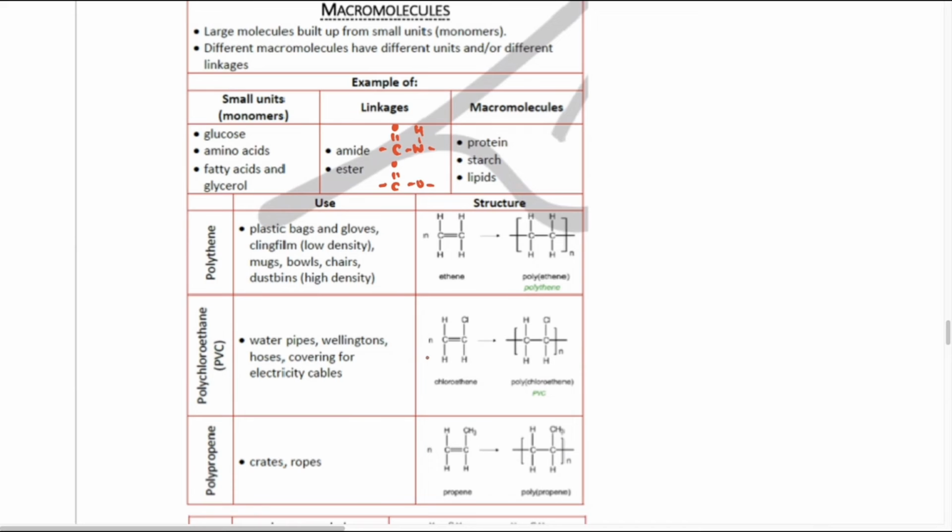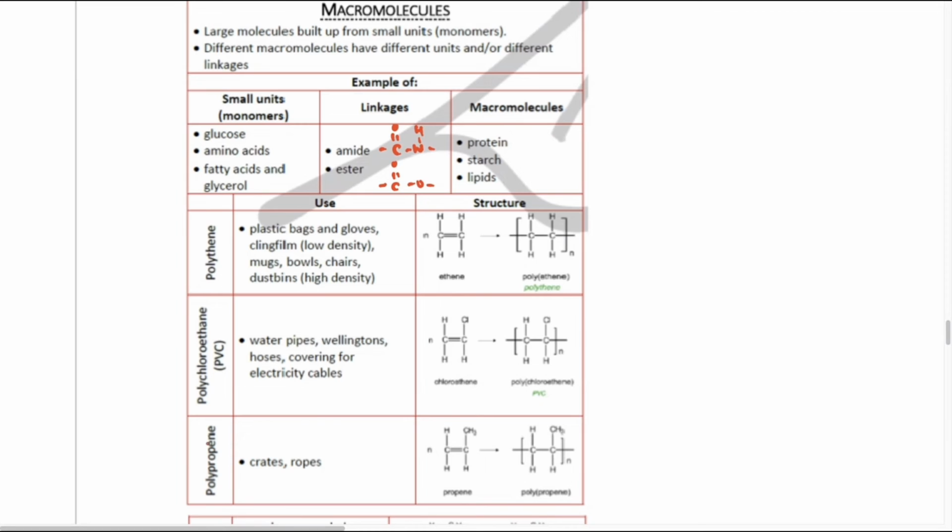So PVC is ethene with a chlorine that substitutes the hydrogen. As you can see, this is hydrogen, now replaced with chlorine. Okay, so PVC.